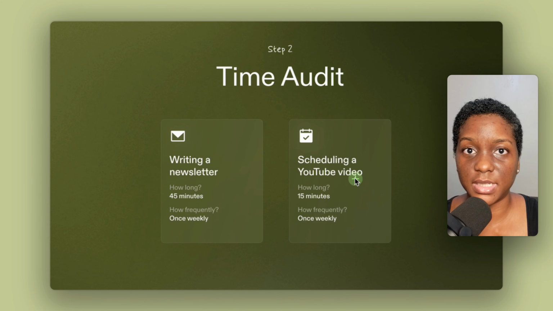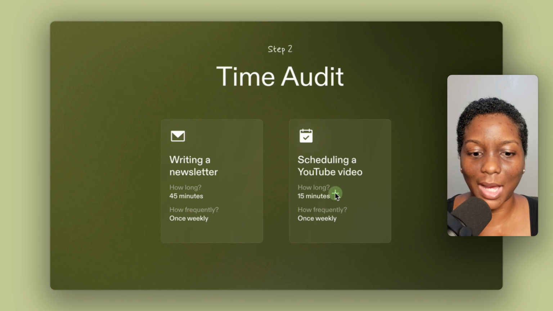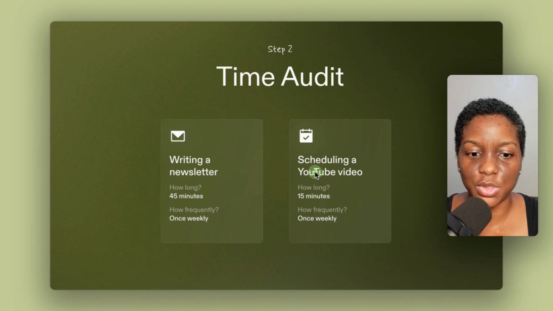So for a virtual assistant, it might be 1 hour a day. If you're thinking about 1 hour for 5 days a week, you know that 15 minutes of that 1 hour is already gone if it's taking you that amount of time to schedule something like a YouTube video.